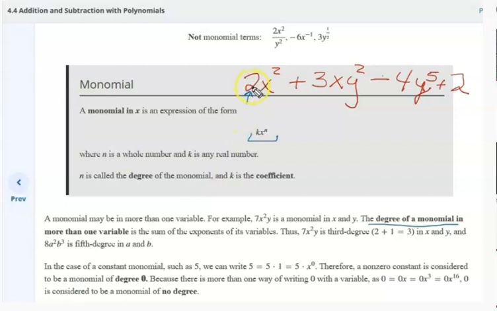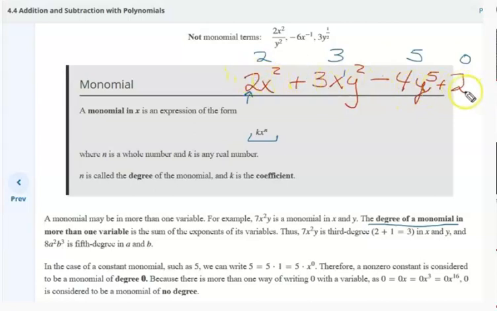We've had that before. So the degree of this term, and it's only on the variable, is the sum of the exponents, which is a 2. The degree of this term, and there's a 1 that we don't write, would be the sum of the exponents, 3. Now the degree of this term, and there's only the 1 exponent, is 5. Now when you have a constant like this and there's no variable, we say the degree is 0. So these would be the degrees of the monomial single terms.